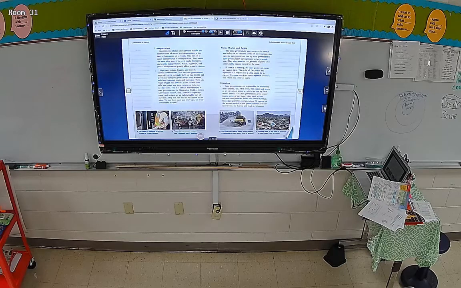State workers build and maintain roads and highways. They also repair bridges and tunnels. States collect taxes, tolls, and other fees from citizens to help pay for this work. This is a critical responsibility of the state government.